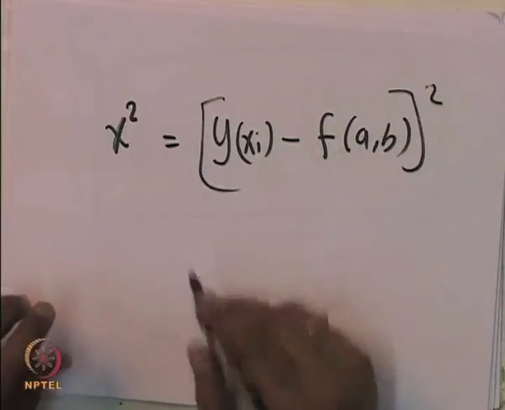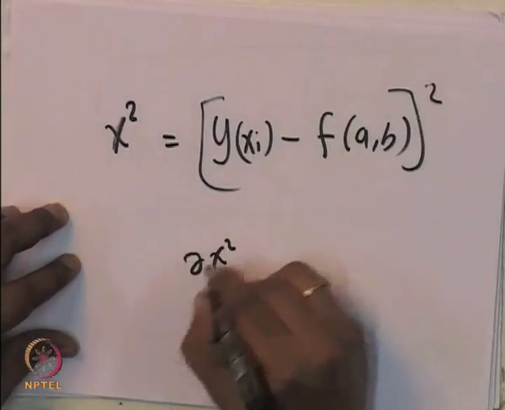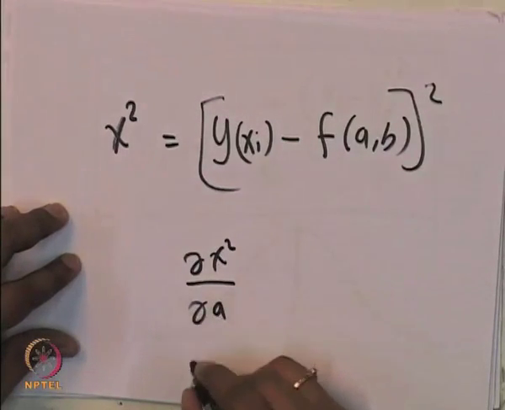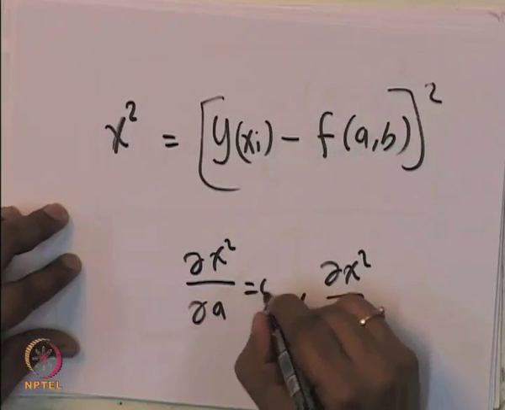You can do this mathematically by finding the derivative, del chi-square by del A and del chi-square by del B, and equating them to 0.